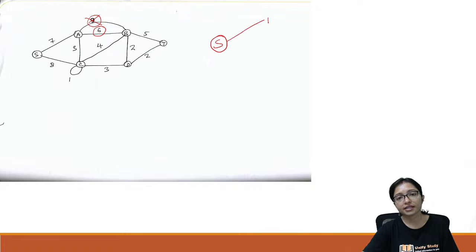Here is A. I will take the 7. This was 9; I am removing it because it is creating a parallel edge. Minimum one I will take, maximum one we will remove. So the 6 I am taking. Here was 9, I am removing directly.